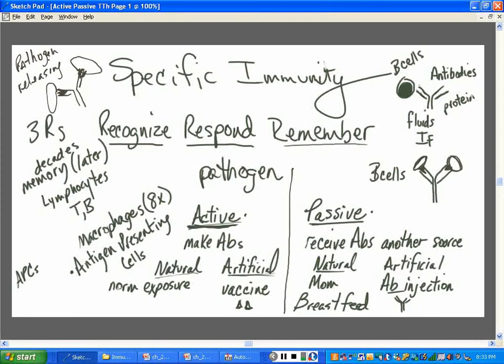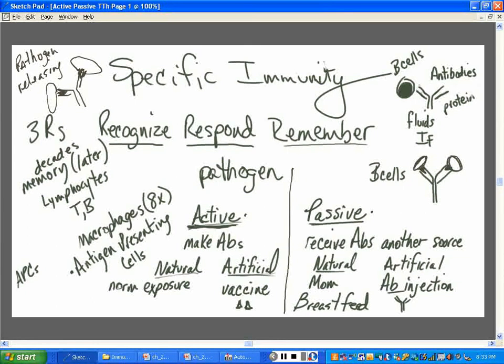So, pretty cool that there are antibodies in mother's milk, in breast milk. Baby drinks breast milk, baby gets antibodies from mom that way, as long as the baby is breastfeeding. So if you've got a kid that breastfeeds till he's 2, he's getting an immune system till he's 2. As soon as you take him off the breast and put him on the bottle, he's no longer getting antibodies from mom.